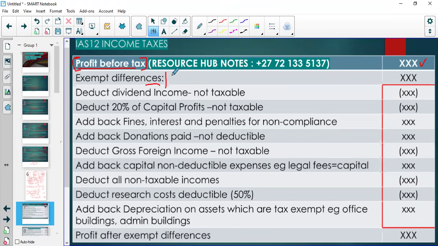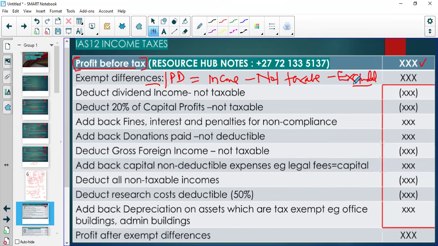Exempt differences are also referred to as permanent differences. If it is income, then the income is not taxable. Not taxable means it should be excluded from the final amount on which tax is going to be paid, called the taxable income.